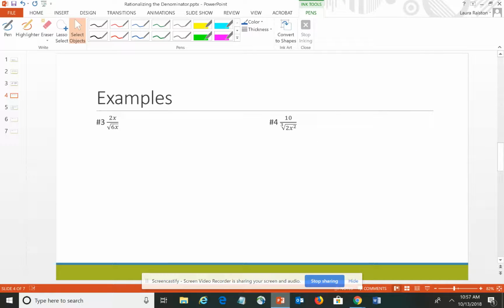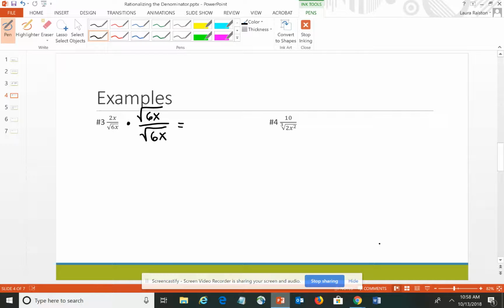You can also do this even if you have variables in the denominator. Again, you want to force or create a perfect square in the denominator. So for example number 3, 2x divided by the square root of 6x, I'm going to multiply by the square root of 6x, because I need a second 6 and a second x.